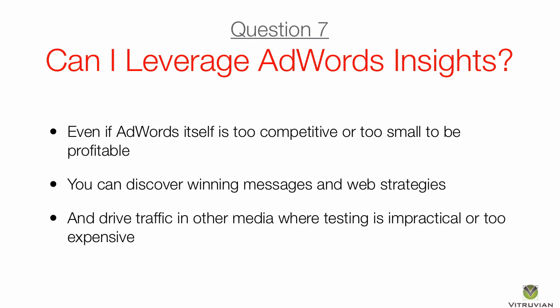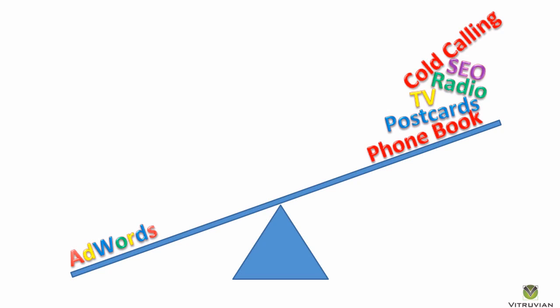or you can say, you know what, here's the best ads, let me turn those into TV, radio, newspaper, magazine, billboard, etc. So we can see here we have AdWords on the left side of the seesaw weighing more, being more effective in creating messaging than cold calling, search engine optimization, radio, TV, postcards, phone book, and there's a whole host of other things we could add to that.